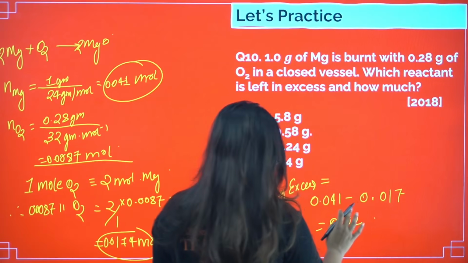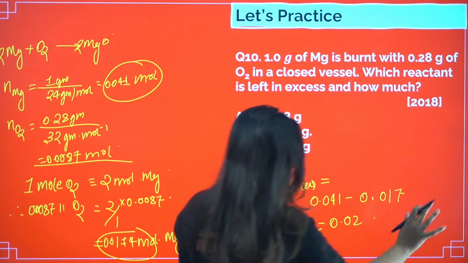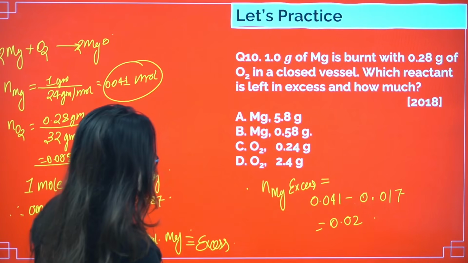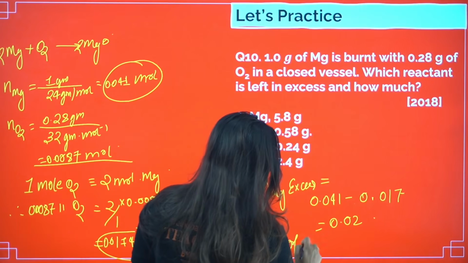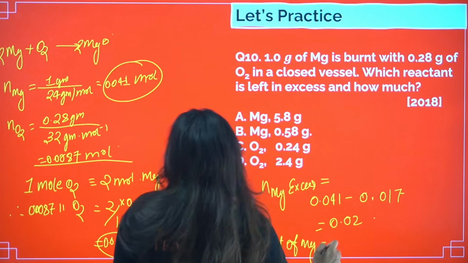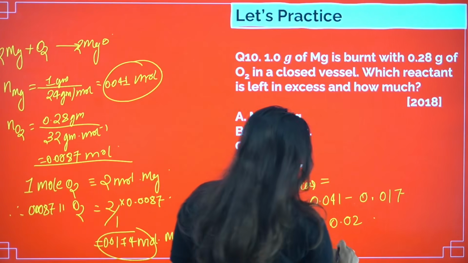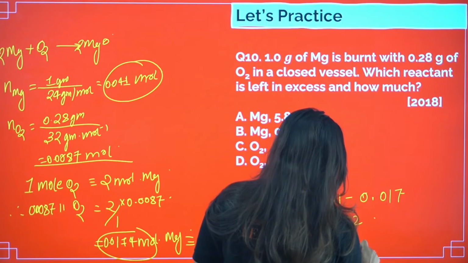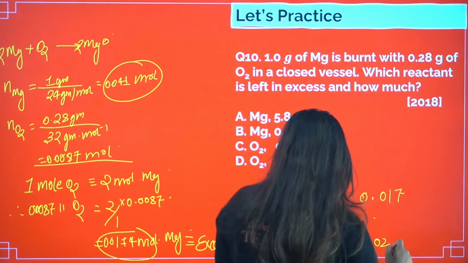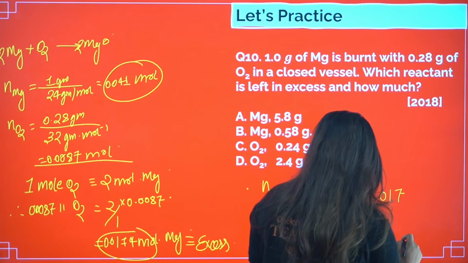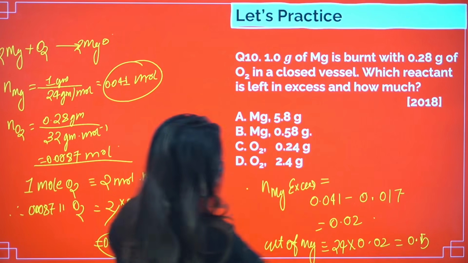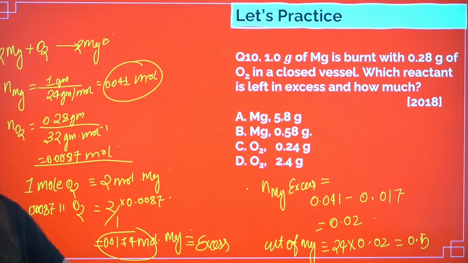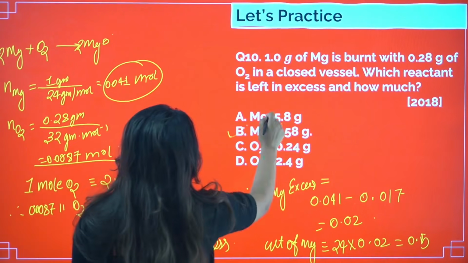From there, the weight of magnesium is the molecular weight 24 into the number of moles 0.02. That will give you something like 0.48, so 0.5 I can take. So your answer is going to be B.